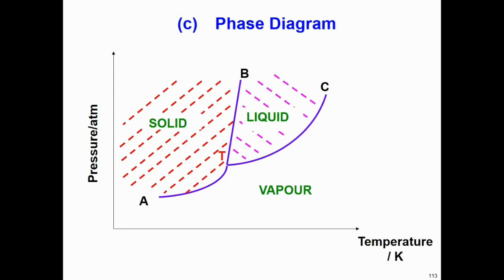Because as we increase the temperature of a solid, it will melt and become liquid. The arrangement of particles in this part here is further apart compared to solid. So we have lines AT, TB and TC.